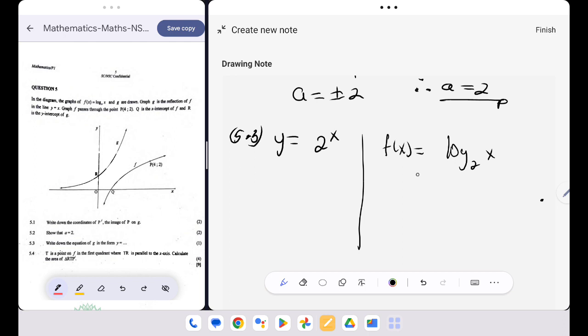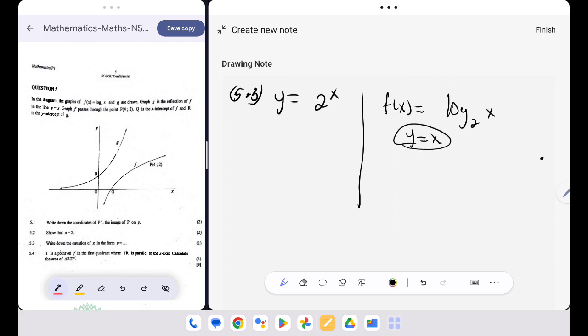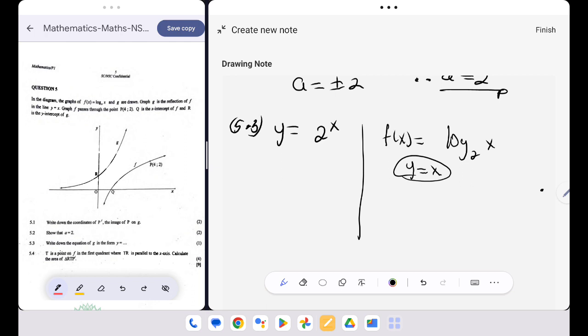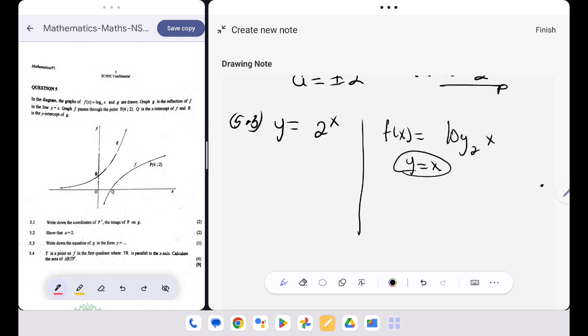But now they told us that g of x, we get it by reflecting the graph of f on this line. So this thing simply means that we must just interchange x and y.